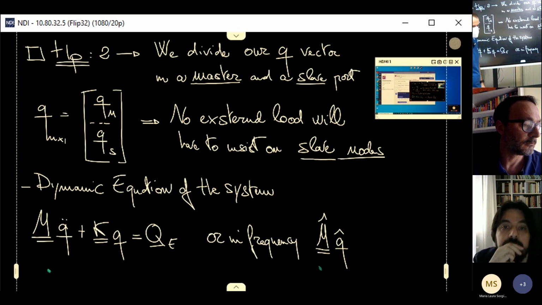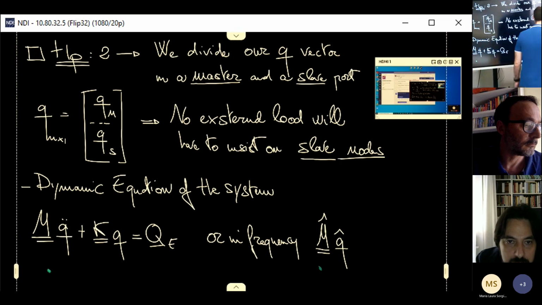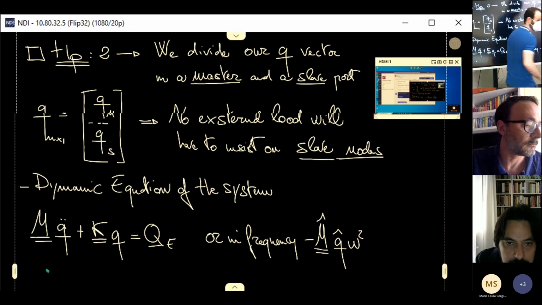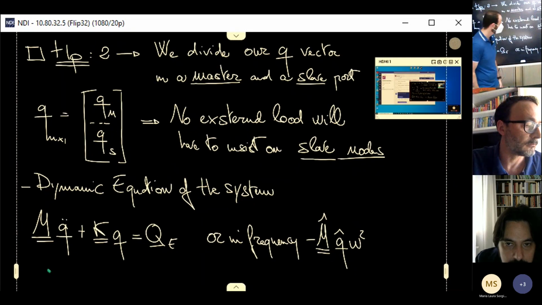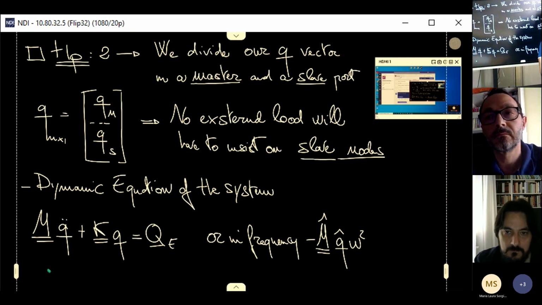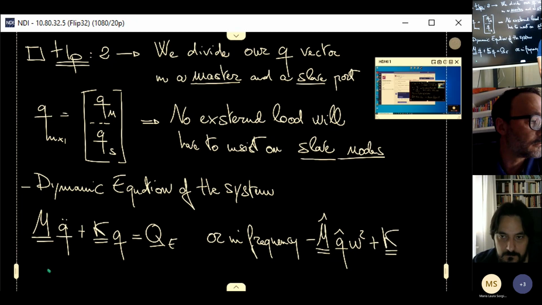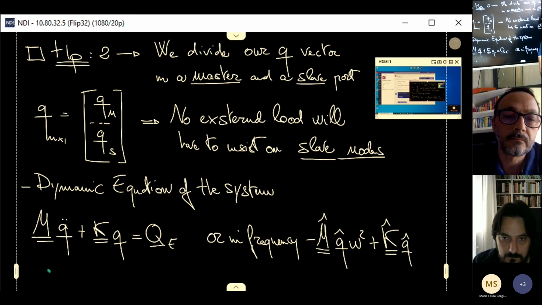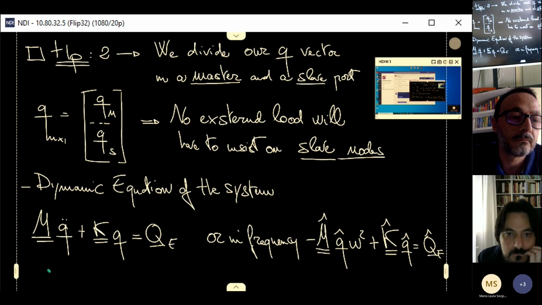Of what? Yeah, the angular velocity. Yes. Exactly. So that's the Fourier transform, right? Like so.